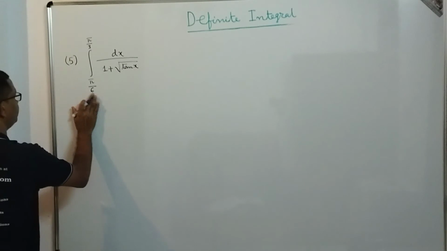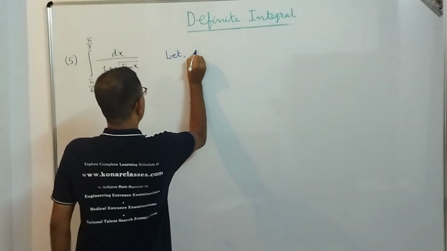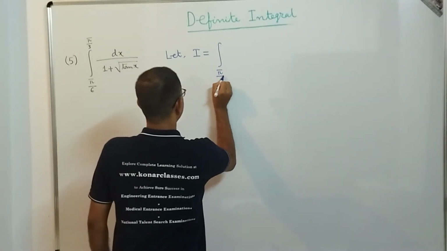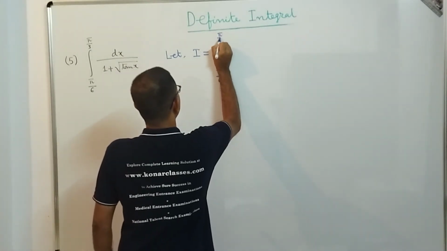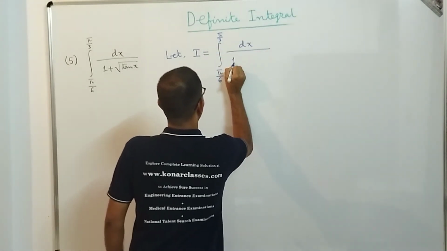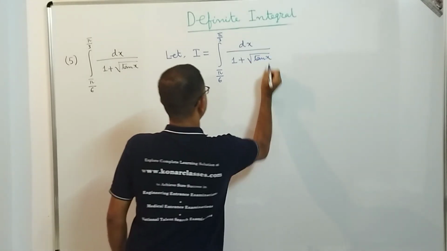Now let's start solving this question. Let I be equal to integration pi by 6 to pi by 3 of dx divided by 1 plus square root of tan x.